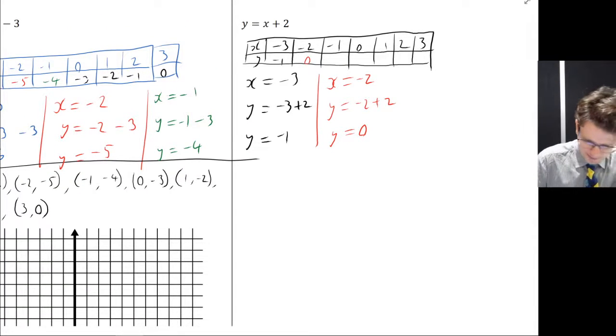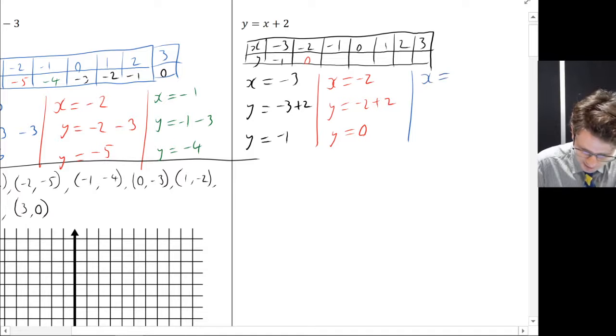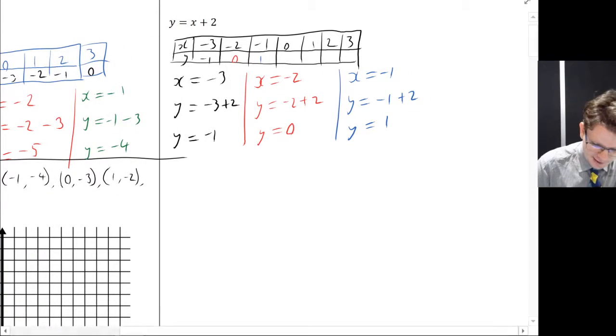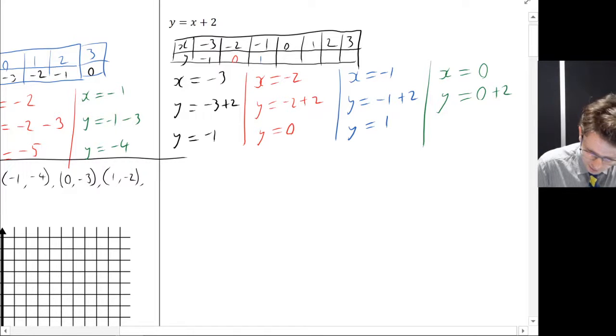And the next one is going to be x is equal to minus 1, y is equal to minus 1 plus 2, which is 1. And I'm just going to do one more, but I'm hoping after this last one, you should be able to see the pattern. When x is 0, y equals 0 plus 2, y is equal to 2.